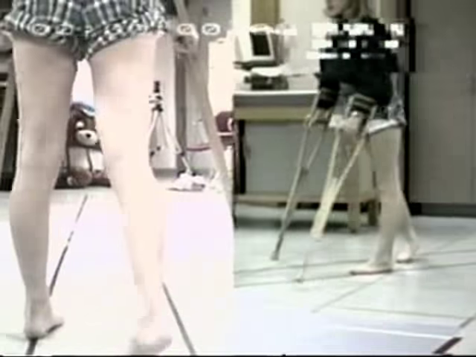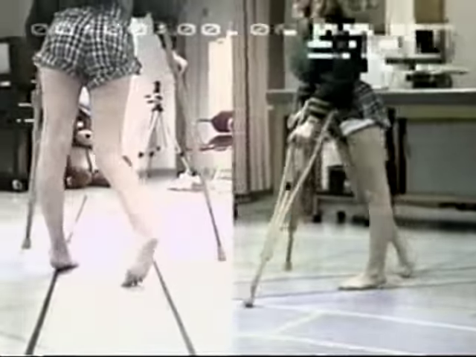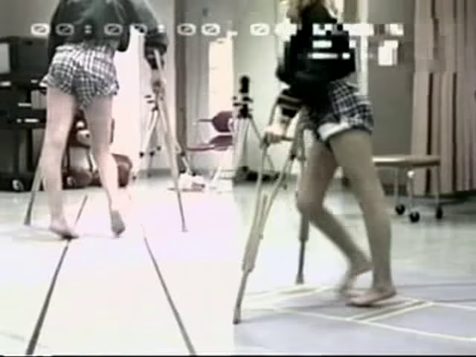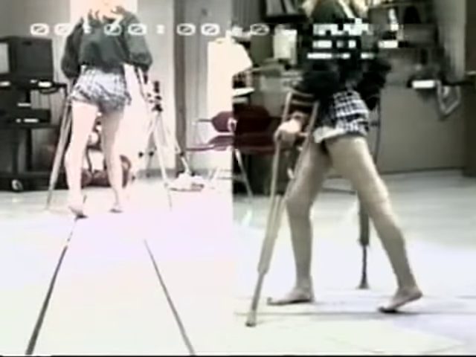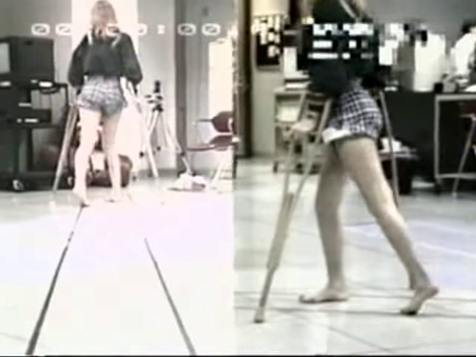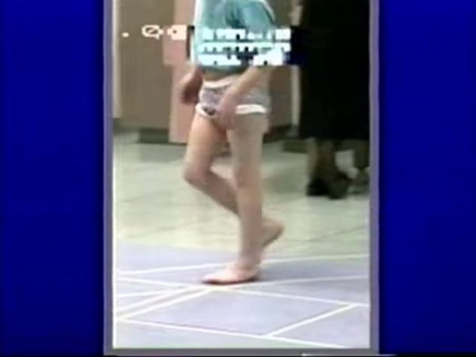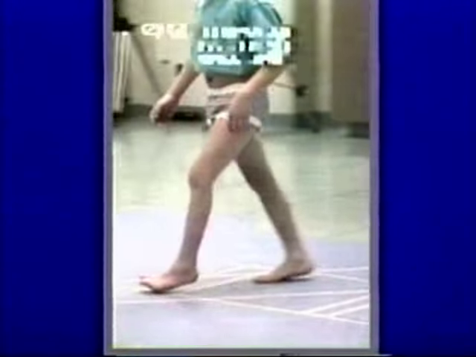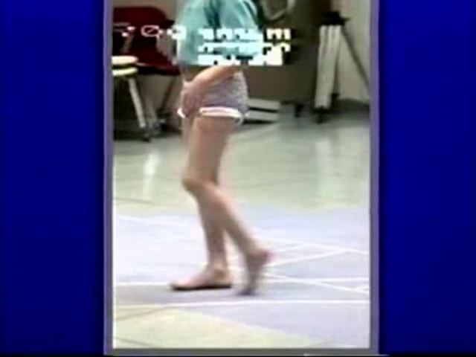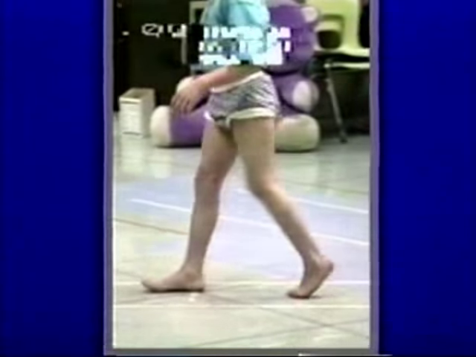Loss of forward progression, shortened step length, and loss of stance phase stability with increased excursion of the center of mass can all occur. Increased plantar flexion at initial contact creates a loss of first rocker at the ankle. Consequently, the individual enters the gait cycle with either a foot flat position with knee extension or toe contact with knee flexion.